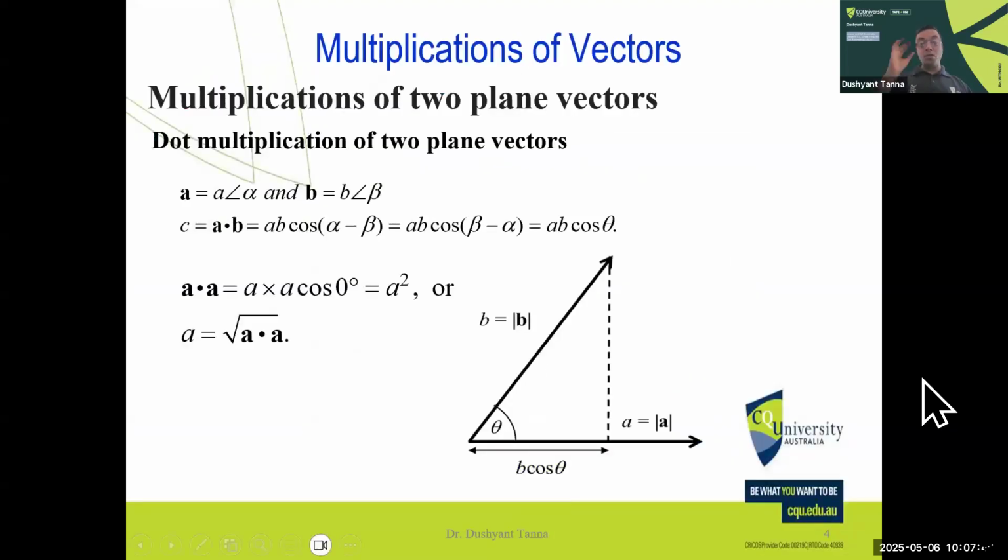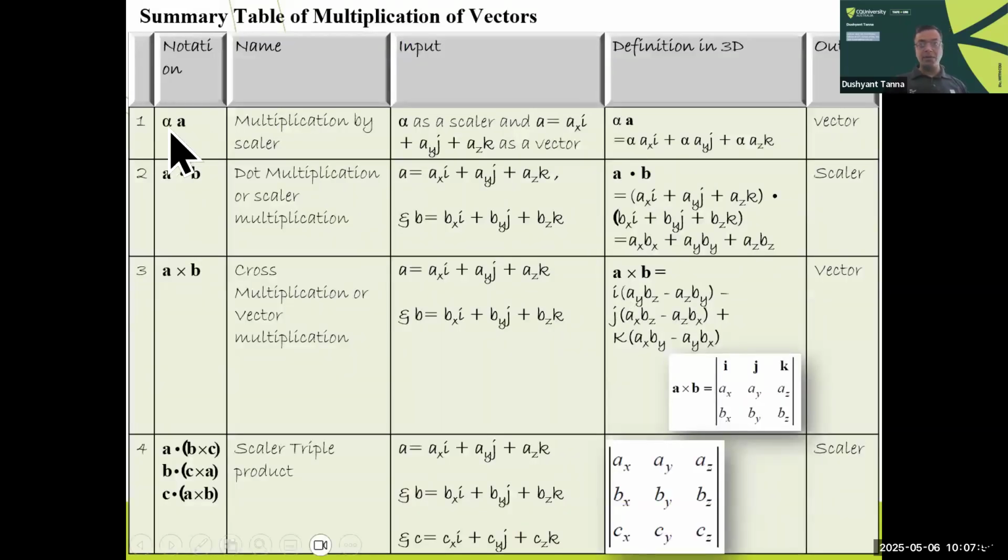So multiplication by a scalar. I'll maybe go to that slide. It's a summary slide, but I will quickly take this. So this is what I mean. Yeah, alpha a bar. It's slide number 30, so it's mostly towards the end after we cover everything, but you need to be familiar with the first part.